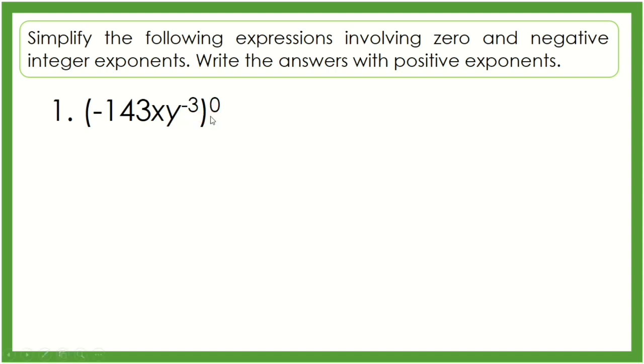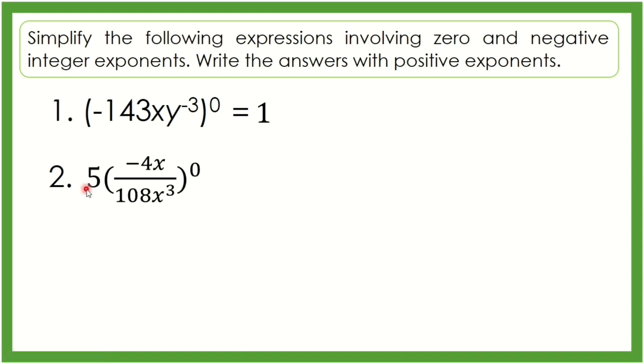Okay, so apply natin dito ang 0 exponent. Any number raised to 0 is always equal to 1. So, since itong expression na to ay naka-raise sa 0, this is equal to 1.